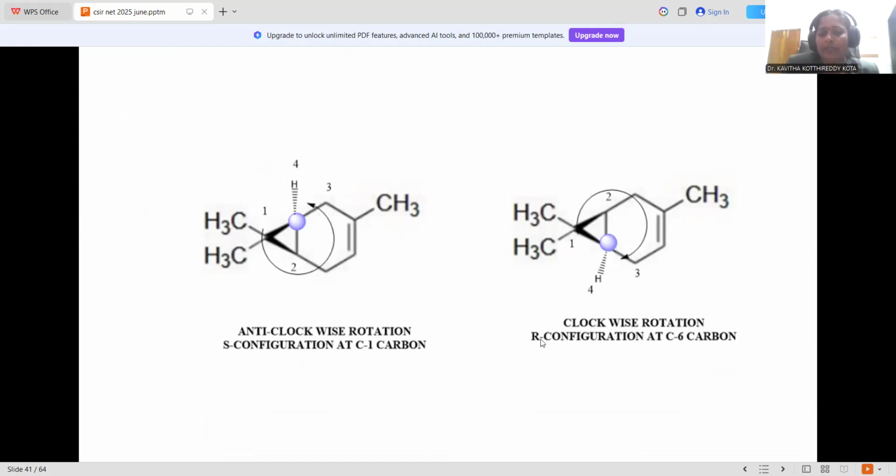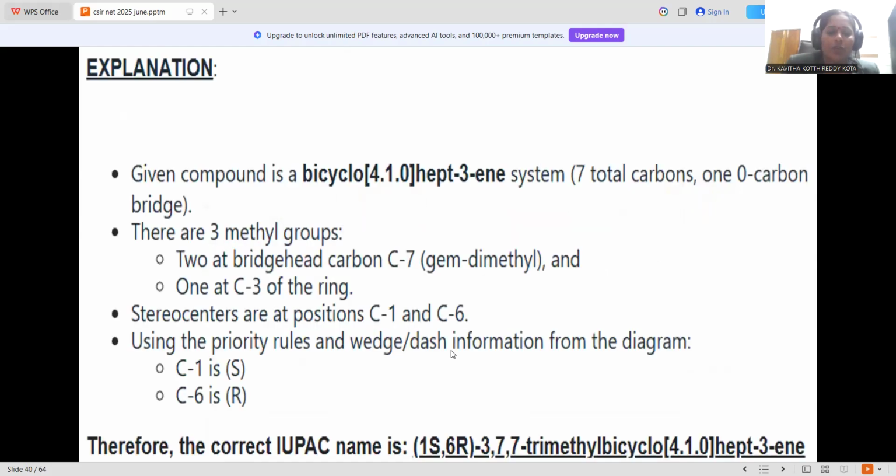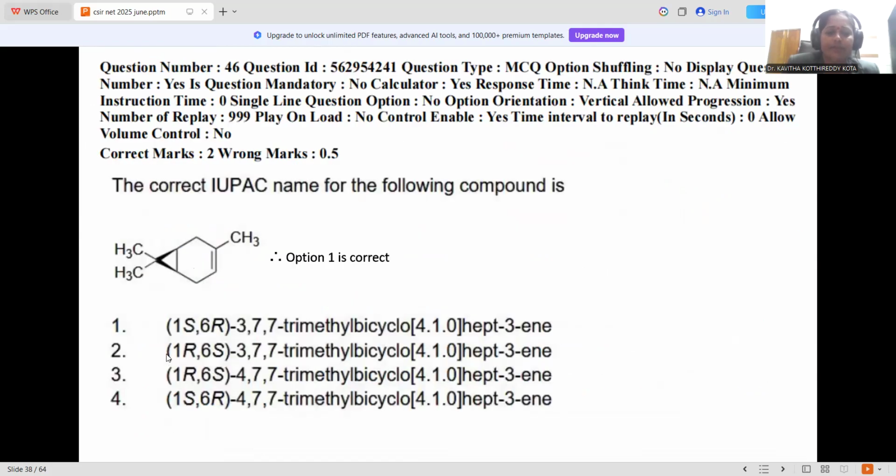Clockwise rotation means the R configuration at position number 6. So the right representation will be first carbon S configuration, sixth carbon R configuration, 3,7,7-trimethyl bicyclo[4.1.0]hept-3-ene. All are satisfied in option number 1. For question number 46, option 1 will be the right answer.